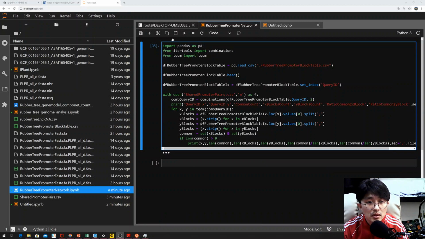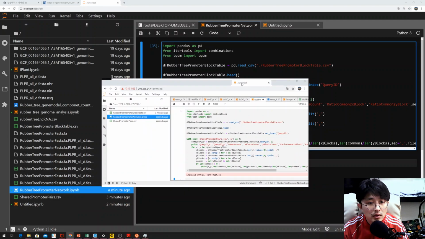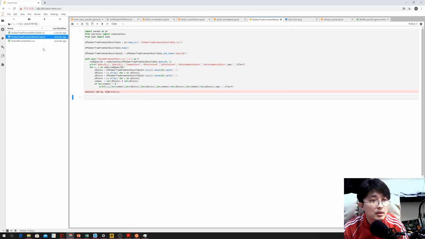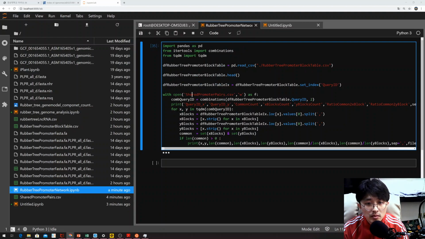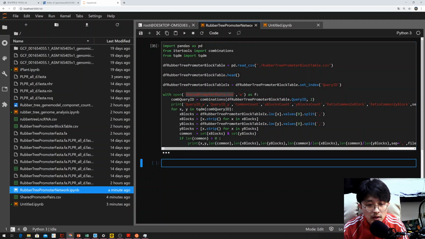Okay, I stopped the iteration because it takes a lot of time, so I moved the analysis to my server to run it. I think it will be finished anyway. But in the middle of the analysis, I have the shared promoter pairs, even though I stopped in the middle.